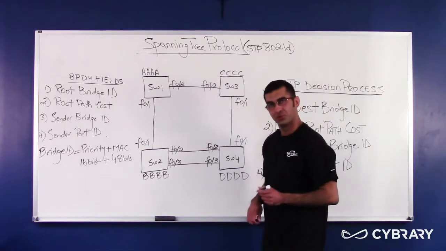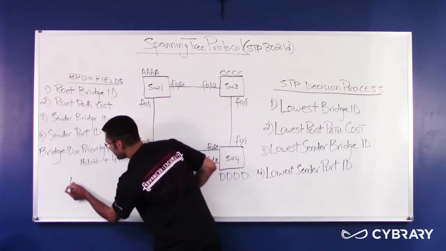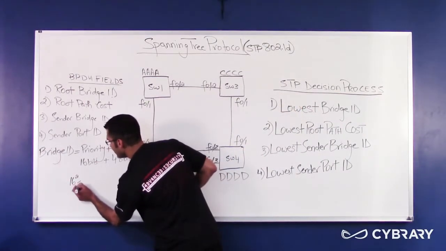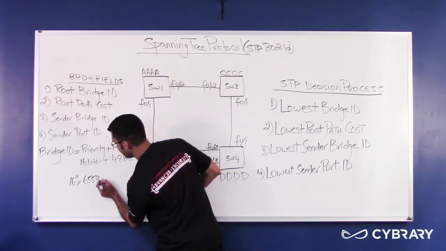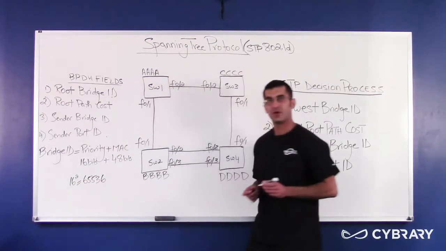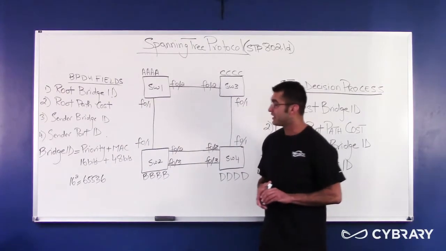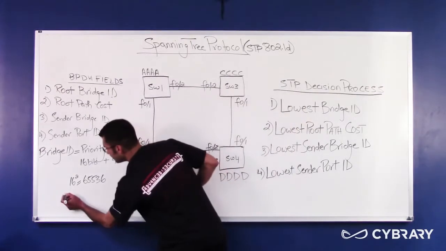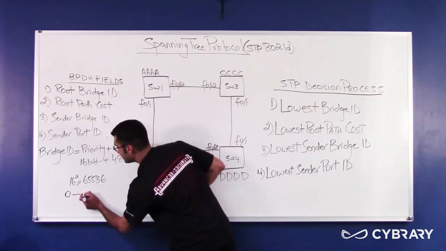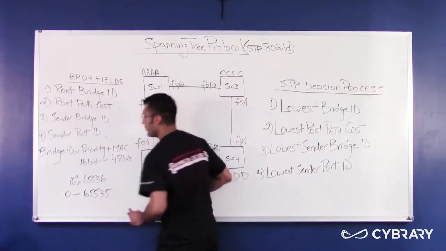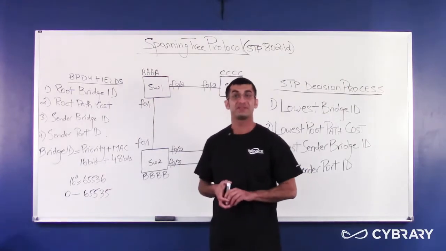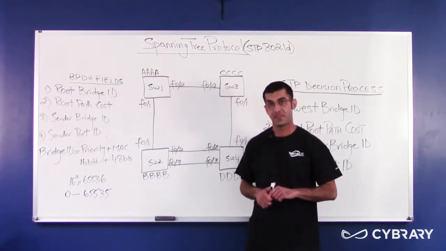16 to the power 2 is 65,536. Okay? The priority field can range between 0 and 65,535, which, with 0 inclusive, makes 65,536.